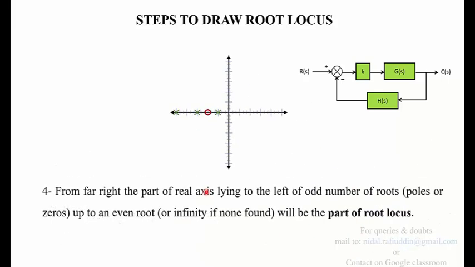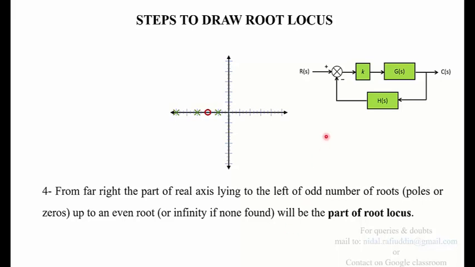Rule number 4 says that starting from far right, the part of the real axis lying to the left of an odd number of roots, which may be poles or zeros, up to the even root or infinity if none is found, will be part of the root locus.